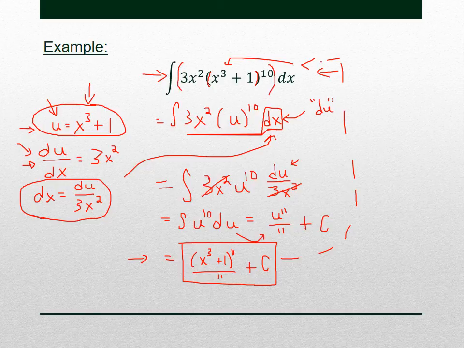If you ever take the derivative of what you're saying is the antiderivative and you don't get back what you started with, then you must have made an error somewhere. So we can always check our work by taking the derivative and seeing if we get back what we started with.